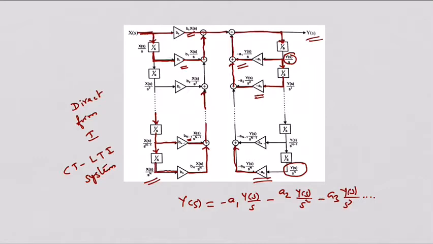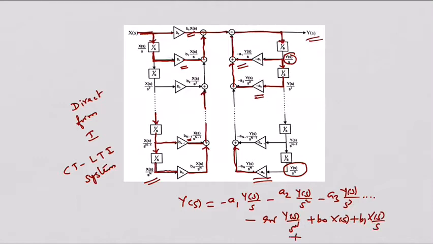The last term of this y of s will become simply minus an y of s by s power n. Similarly, as far as the x of s terms are concerned, the first term will be b naught into x of s, right? The next term will be b1 into x of s by s.